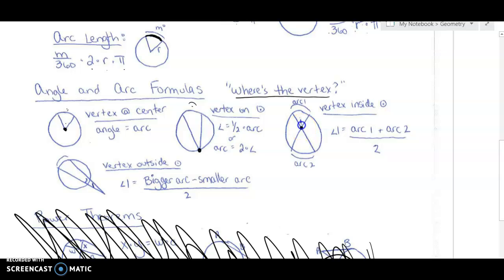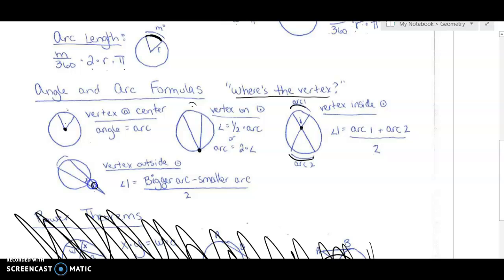If the vertex is somewhere inside the circle, not the center, but just somewhere else, that angle, I just put a 1 there, that angle 1 is going to equal whatever that arc is, arc 1, plus this arc, arc 2, divided by 2. You go with what it opens up to and what its vertical angle opens up to. Those 2 arcs added together, divided by 2, will give you angle 1. And then if it's outside the circle, that's when you subtract.